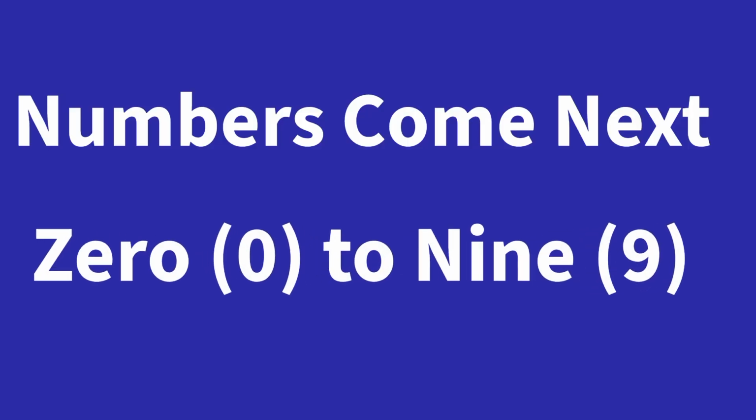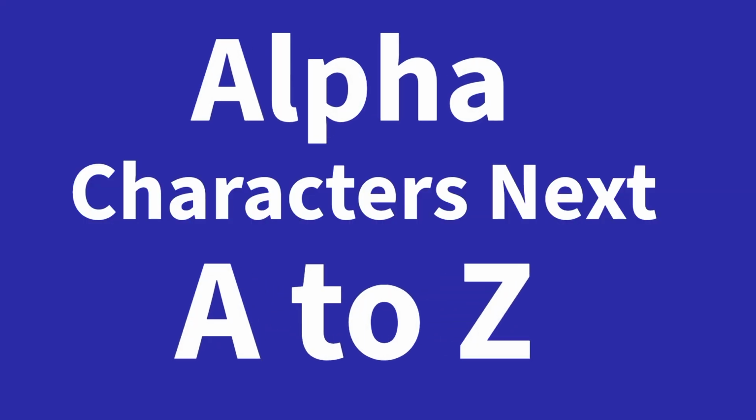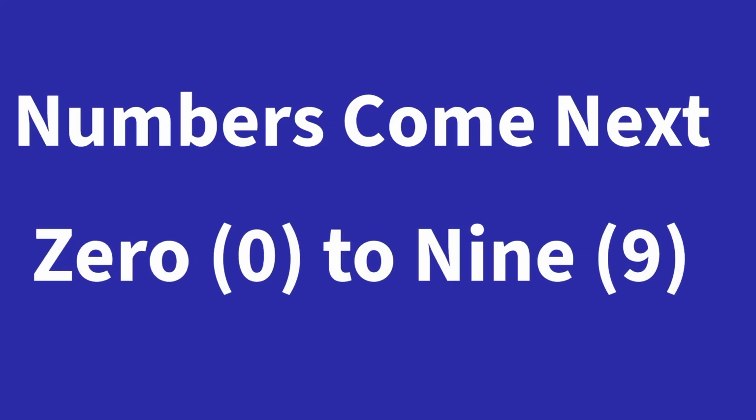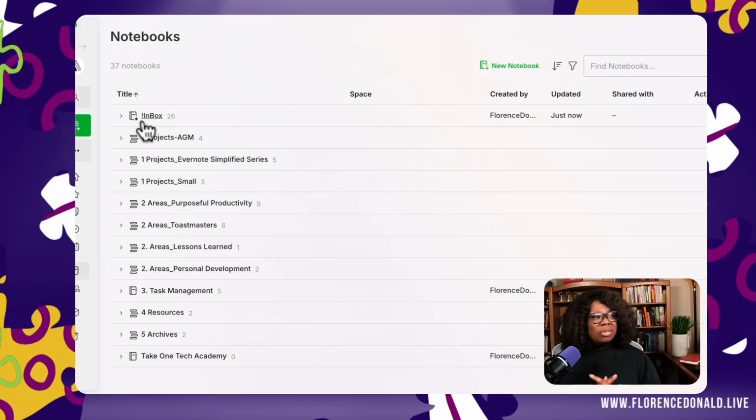Then it uses numbers 1 through 9, and then it uses the alphabet, A through Z. So special characters, next is numbers 1 through 9, then A to Z. That's the way you can mix and match the names to get some of this organization. I just changed that special character from a period to an exclamation mark, and it bumped that notebook back up to the top. So let's go back to the screen.